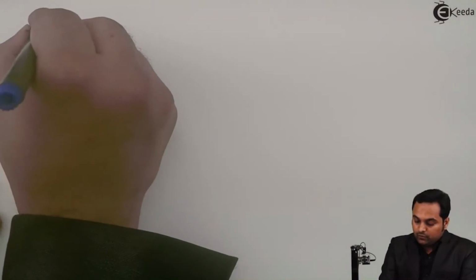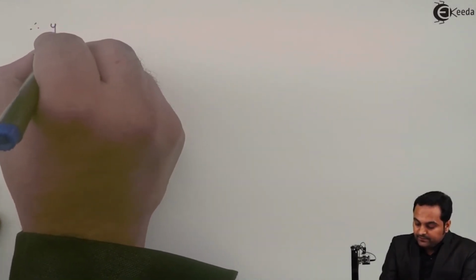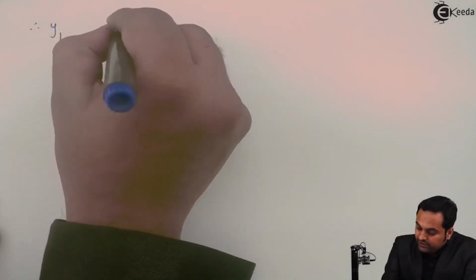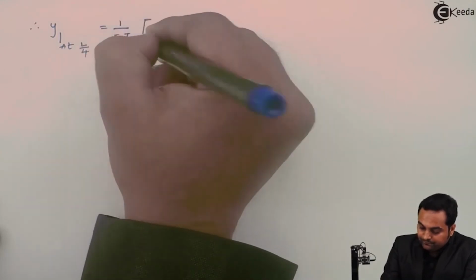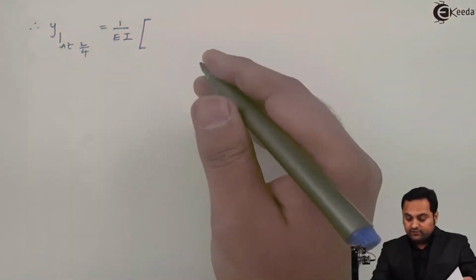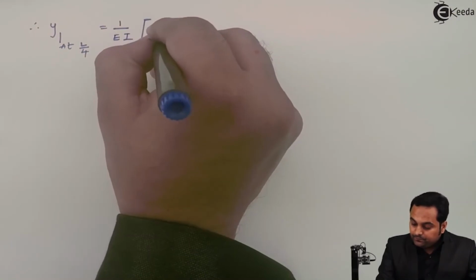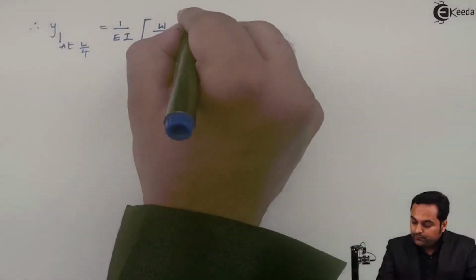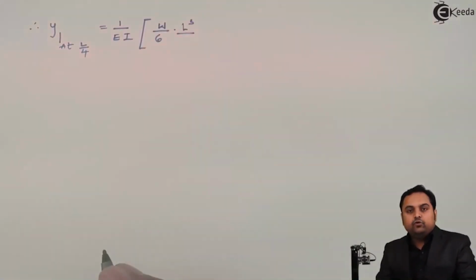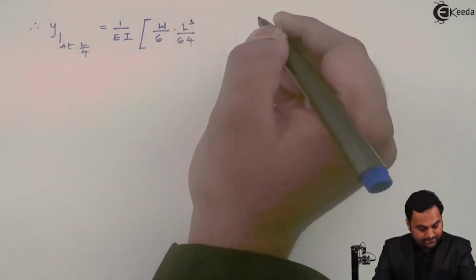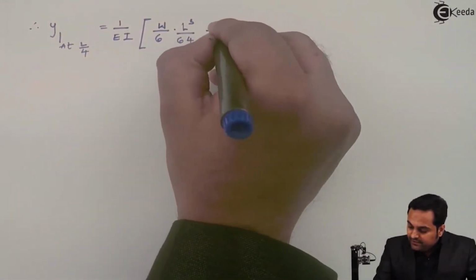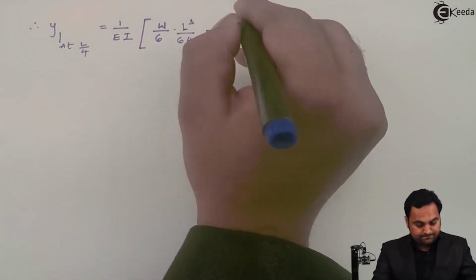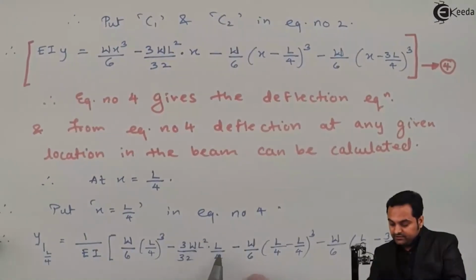So therefore, Y, that is at L by 4, is equal to 1 upon EI will remain as it is. Then we have W by 6 into, here we have L cube by 4 cube. So L cube divided by 4 cube, that comes out to be 64, minus 3 by 32 WL cube.